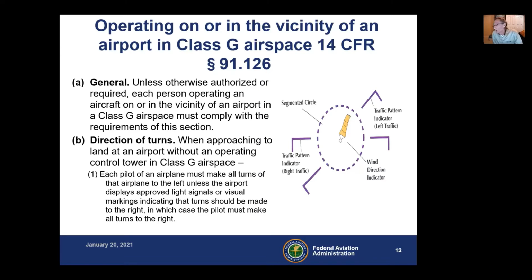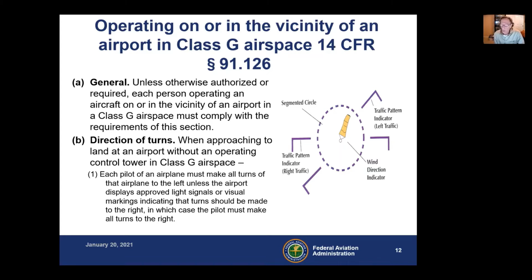So operating on or in the vicinity of an airport in Class G airspace. This is the regulatory requirement for operations at non-towered airports. The AIM reinforces this regulation. So basically, general, unless otherwise authorized or required, each person operating an aircraft on or in the vicinity of an airport in Class G airspace must comply with the requirements of this section.